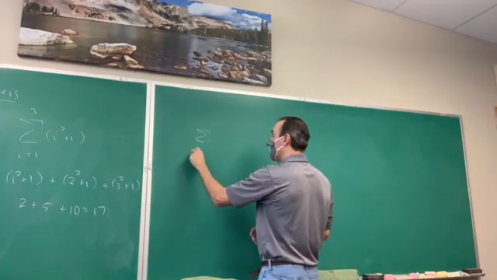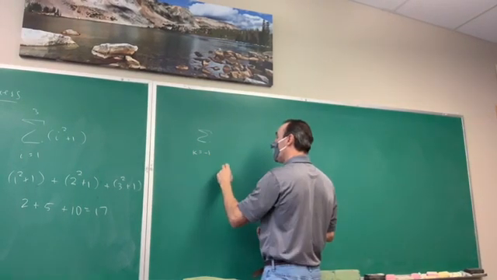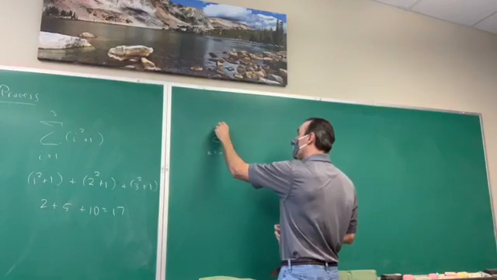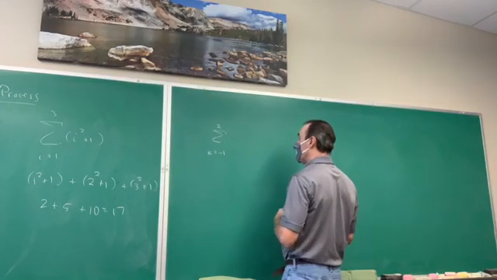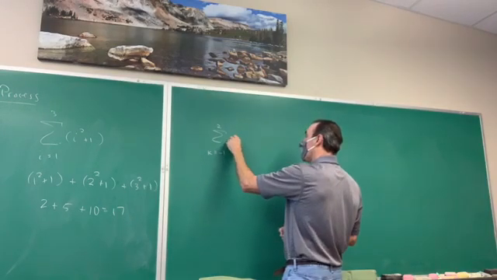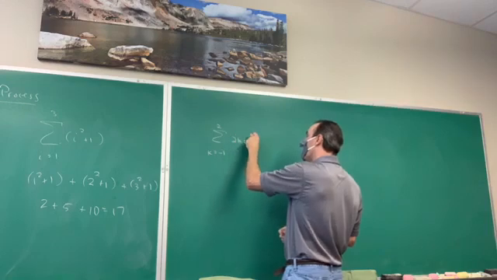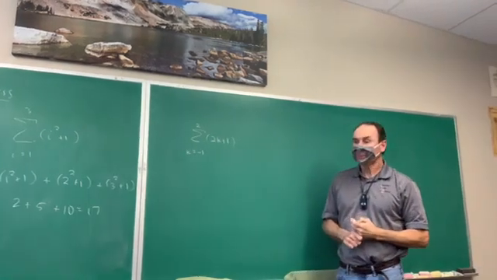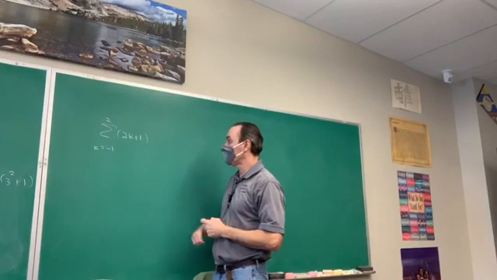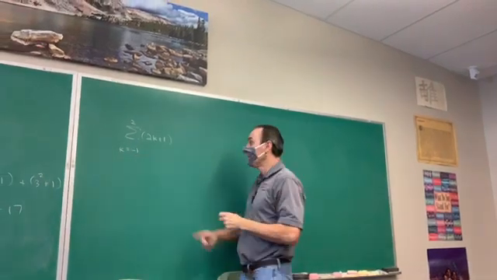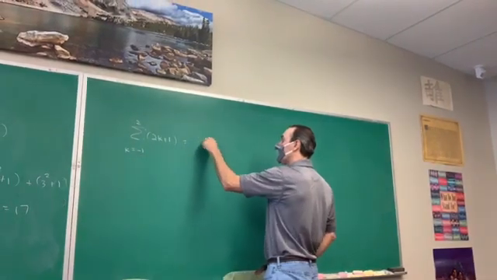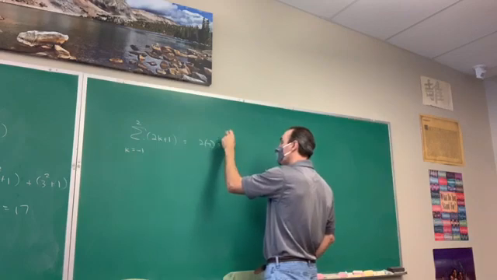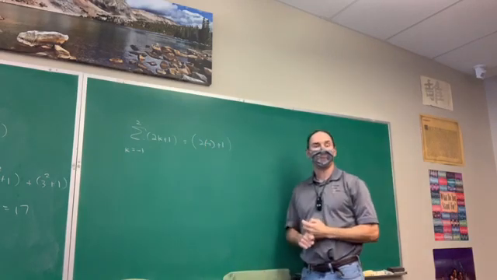So if I said k was, say, -1 to +2, and we did something like 2k plus 1. What that tells us is we would start with -1, so we would get 2 times -1 plus 1. And there's our first term.